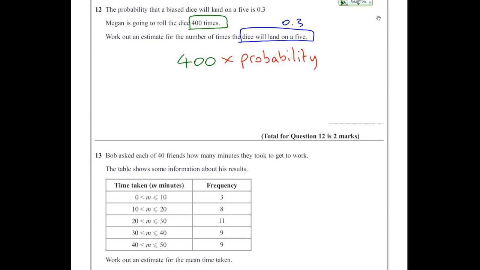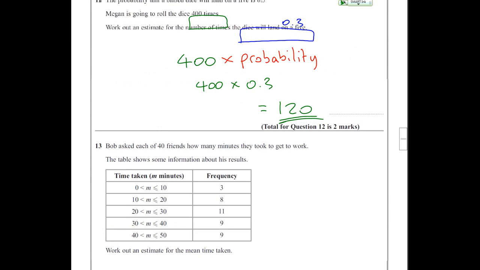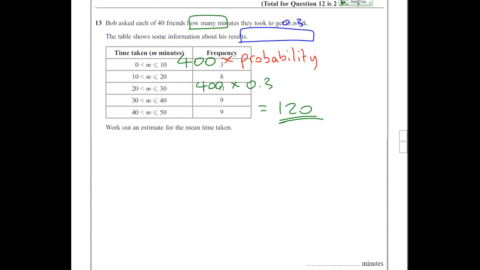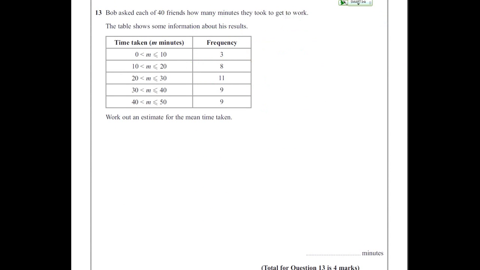So in your calculator, 400 times by 0.3, and that gives you the answer of 120. Out of 400 times, you expect 120 fives.